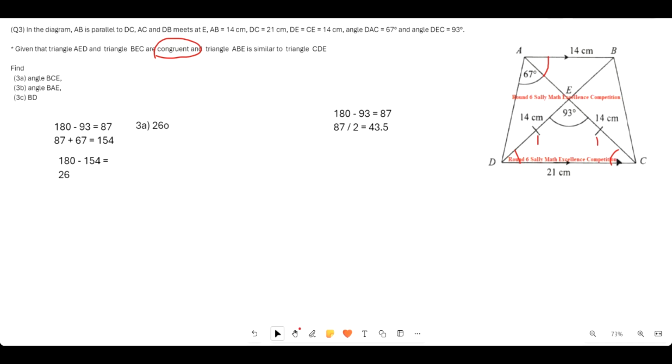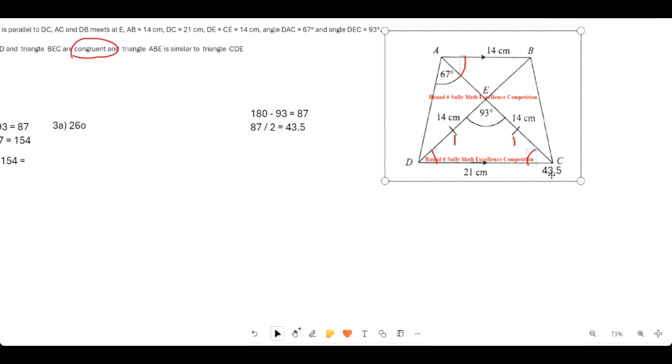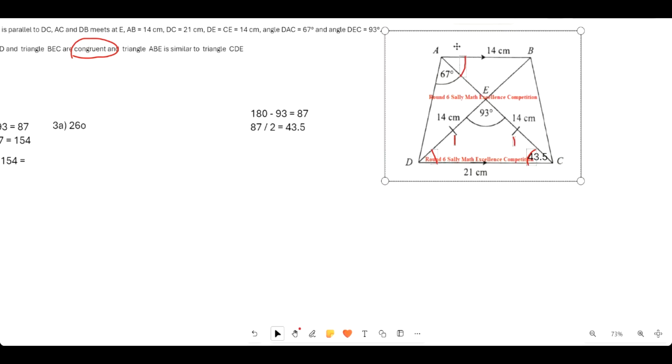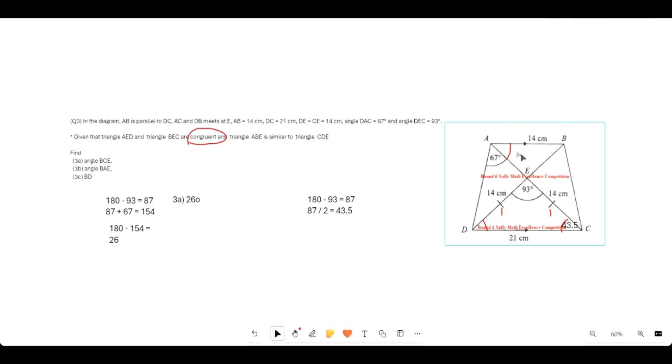So now that we get 43.5 degrees here, since we have the Z angle, which is the alternate angle, automatically here it will be 43.5 degrees too. So our answer for question 3B would be 43.5 degrees.